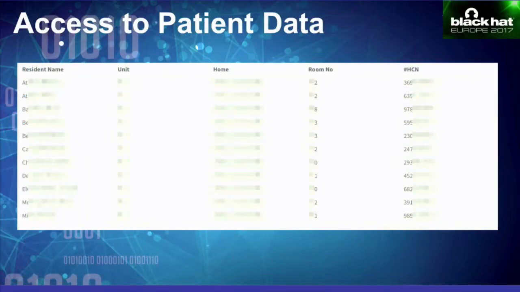Here again, it's all redacted, but we were able to pull out tons of resident names, unit, maybe where they were staying at the hospital, room number, home address, and SCN, which is basically the healthcare number for those patients. So again, tons of healthcare data.